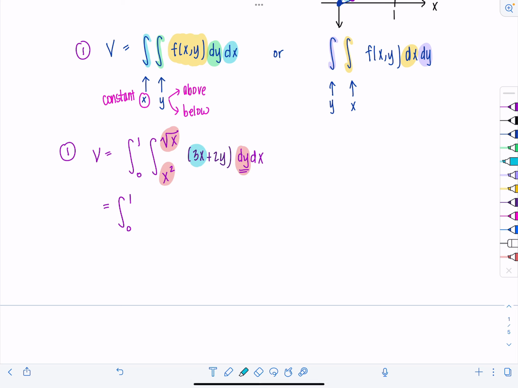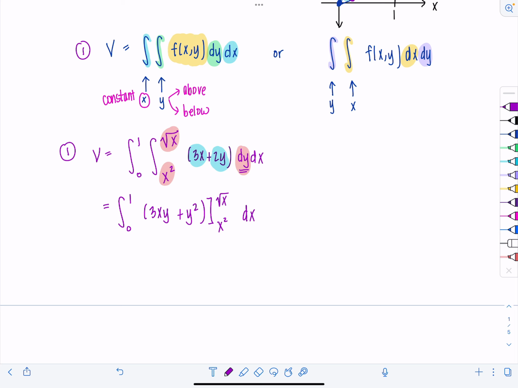So if I integrate with respect to y, that's just going to become 3xy plus, and then the antiderivative of 2y would be y squared, right? Because we're going to divide by the 2. And then this all gets evaluated from x squared to rad x, and then I still have dx out here.